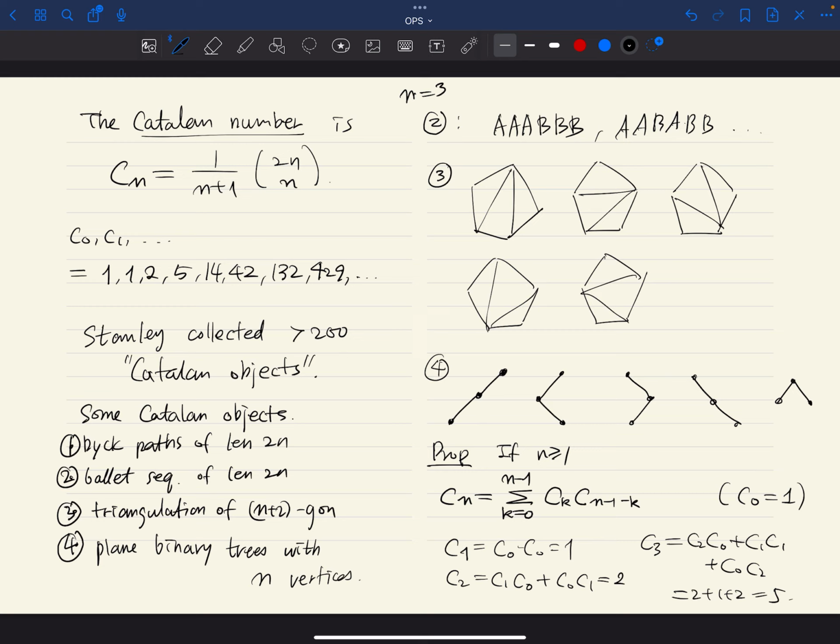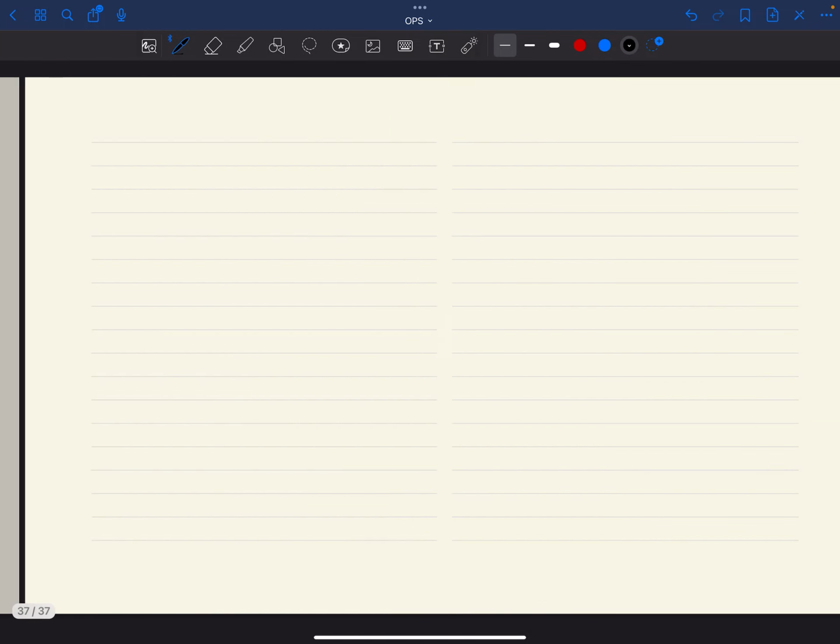Okay, so these are Dyck paths. Now, let's look at Motzkin paths. A Motzkin path is quite similar to a Dyck path. The only difference is we have another type of step allowed.